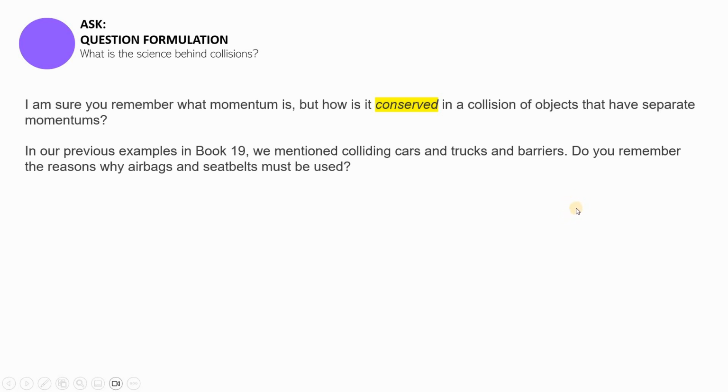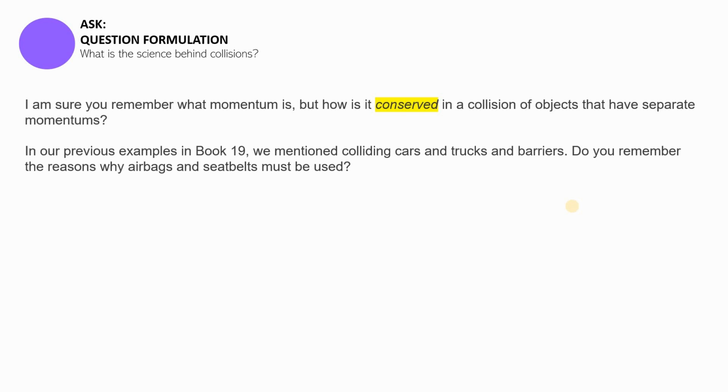Yeah, you remember that? So if the coin coming from your right has its own momentum, and the coin from your left has its own kind of momentum, if you collide them, how is the momentum going to be conserved? Okay?